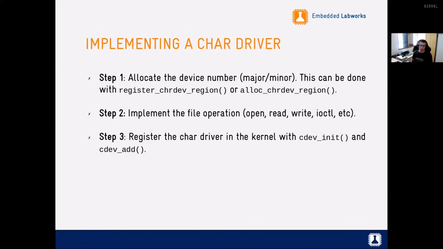You don't have to implement all of the file operations callbacks. You just have to implement those that make sense for the driver, and then you initialize this in the Linux kernel. So there are a few functions that you can use to do that. And again, there are variations of this, like you can have a MISC driver that is simpler to do, but we're not going deeper into this.